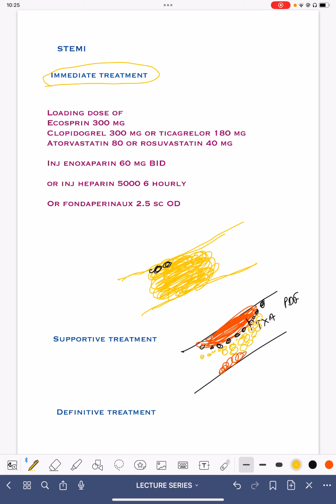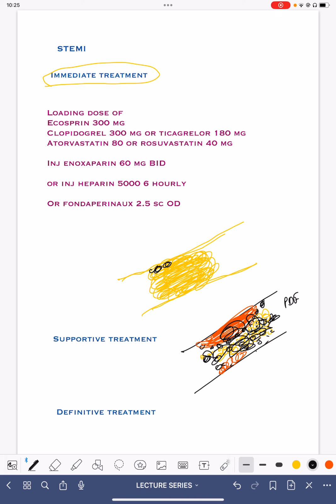and they form a clump, they form a plug, and this plug keeps on increasing, and it actually attracts each and every cell. So in short, you'll get so many RBCs, neutrophils, lymphocytes, everything attached or present in this clot, and there will be activation of all the clotting factors causing formation of the clot.